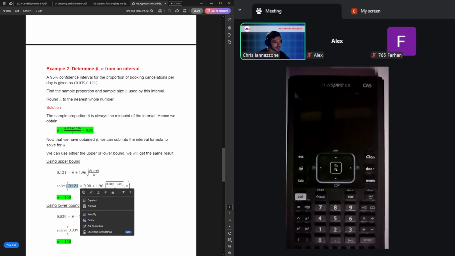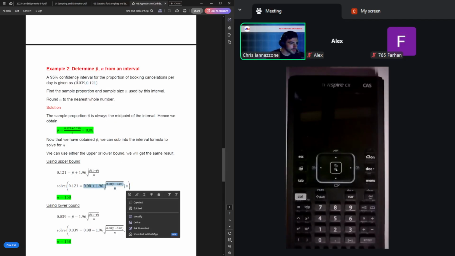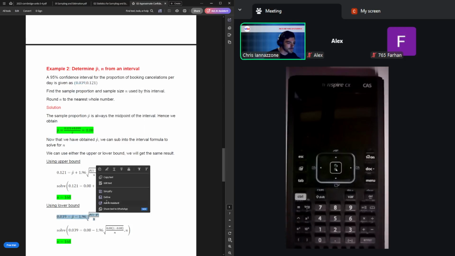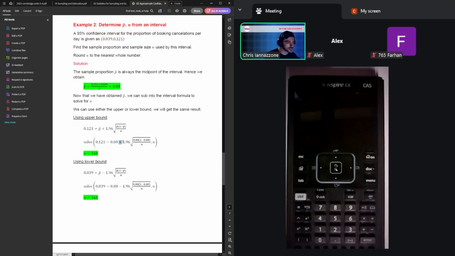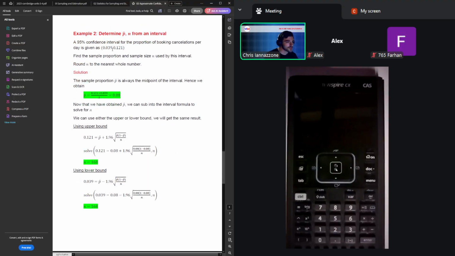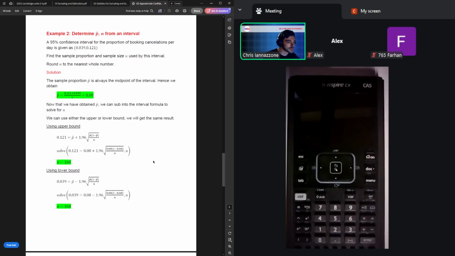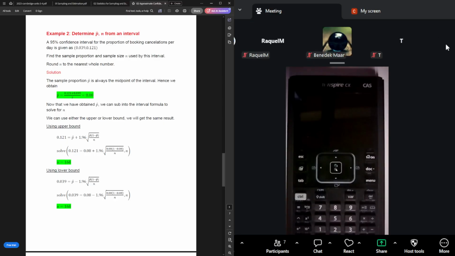We know what the interval equals for the upper, and we know what it equals for the lower. So whichever side of the equation you use, whether it's the plus or the minus, just remember that the minus always goes with the lower bound, and the plus always goes with the upper bound. It doesn't matter which one you use, both of them will get you the n equals 168 that you're required to have. Any questions there?